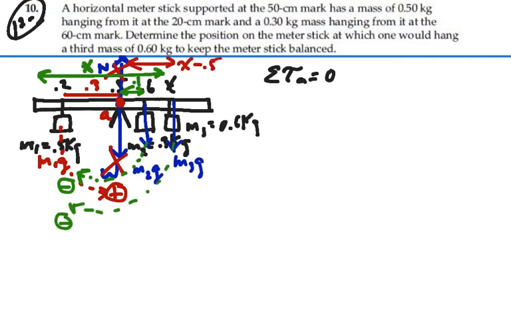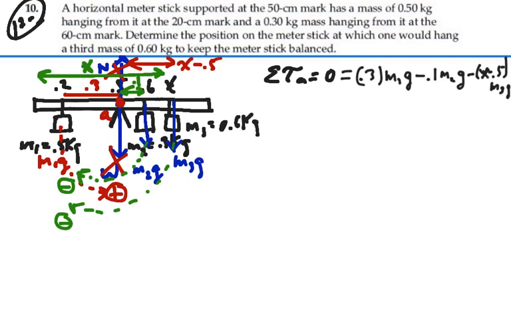Alright, so as we finish this torque equation then, we have a positive torque, which is going to be 0.3 times M1G, and then we have a negative torque, which is going to be 0.1 times M2G, and then we have another negative torque, which is going to be x minus 0.5 times M3G.